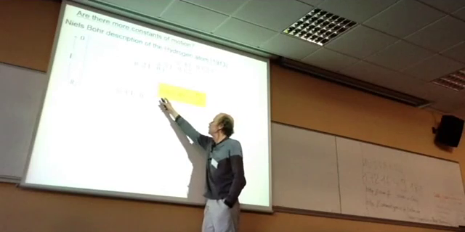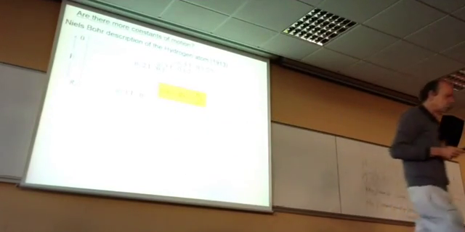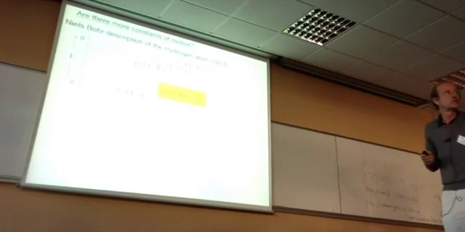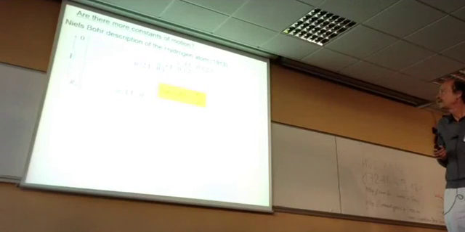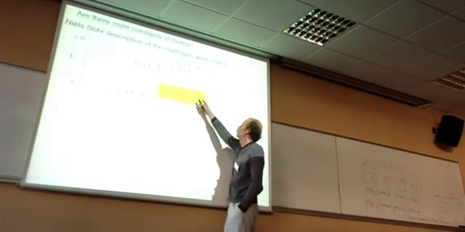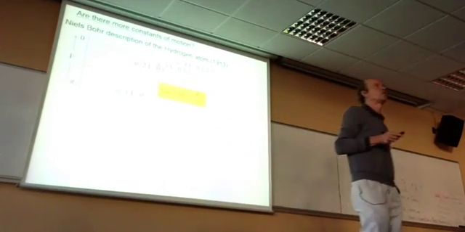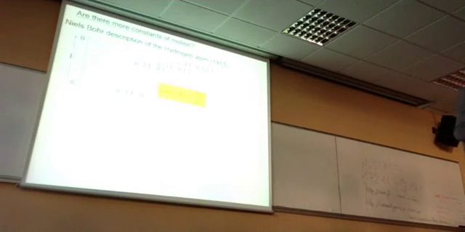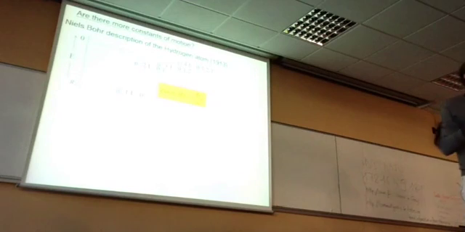The energy of a state, given by the main quantum number n, the angular momentum L and its projection m, is equal to a physical constant, the Rydberg constant, divided by the main quantum number squared. That's what Niels Bohr found out, and that agrees very well with experiments.